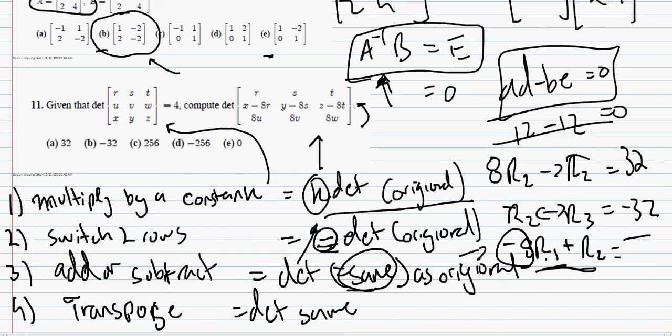So in this case, the determinant stays at -32, and your answer is B. I would memorize these determinant rules and know the basic concept behind them. Other than that, that's how you solve that question.